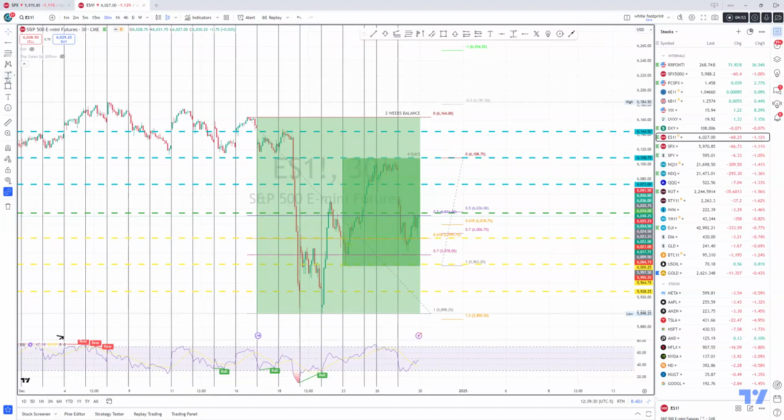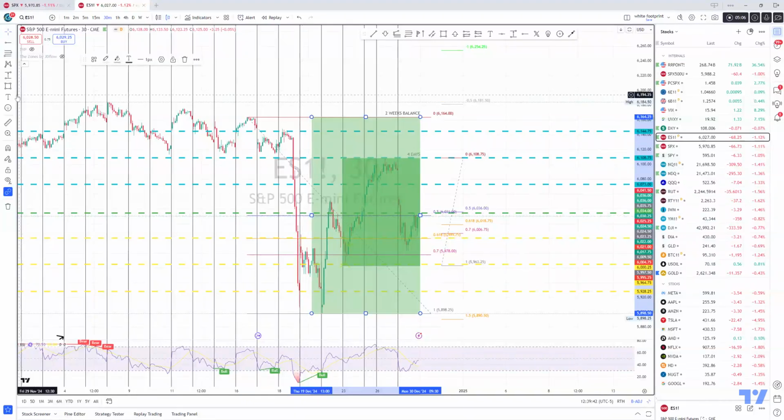When you measure the FOMC from here to here, it gives us an idea of that range, and we can use some of that information to determine some potential moves and targets that we're likely to revisit.